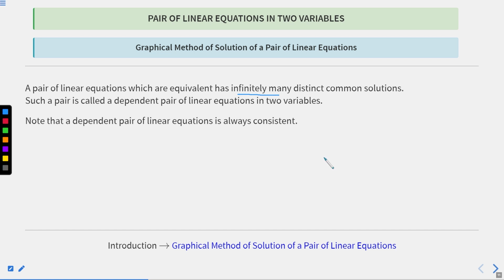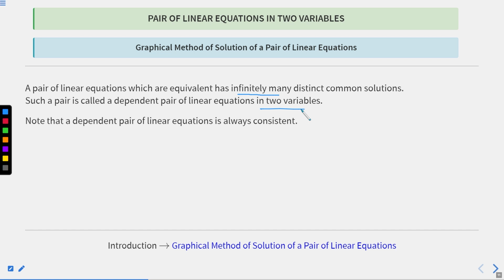So if we have a pair of linear equations and the two linear equations are basically equivalent to each other, in that case the pair of linear equations has infinitely many distinct common solutions. Such a pair is called a dependent pair of linear equations in two variables.